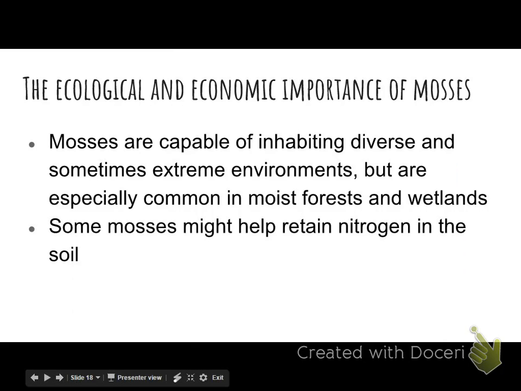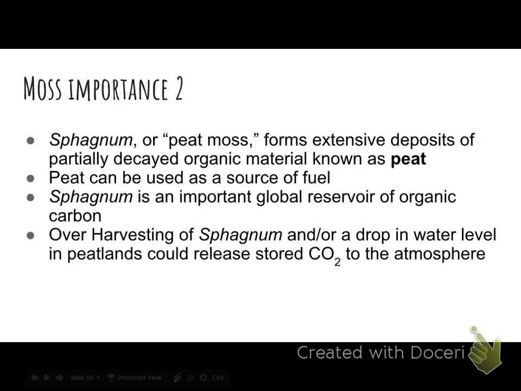And the ecological and economic importance of mosses. Mosses are capable of living in diverse and sometimes extreme environments, and they're common in moist forests and wetlands. Some mosses help retain nitrogen in the soil, so it's not floating around in the air.